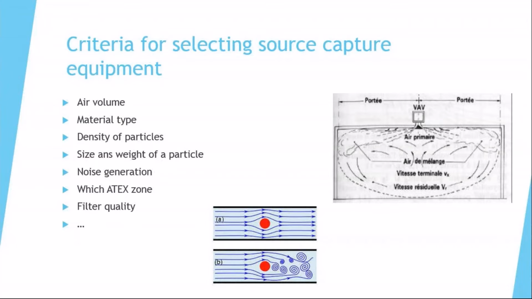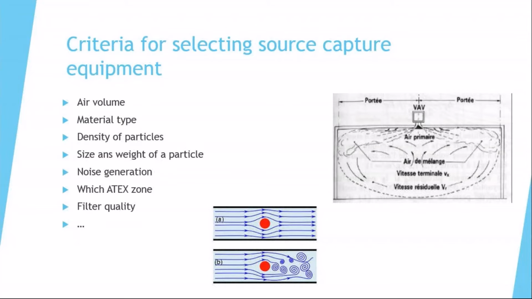Another one would be the density of particles present in the process. So if you're grinding or painting or welding material, the aspiration that you will need will be different. The size and weight of particles is linked to the density. The higher the density, the higher the risk.